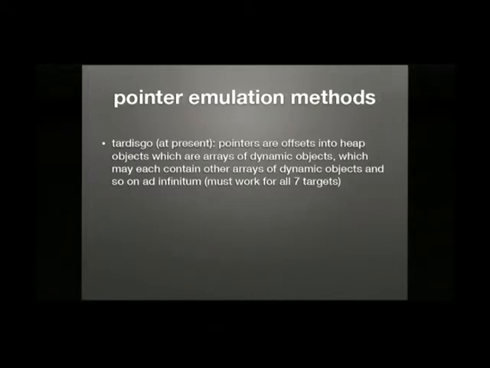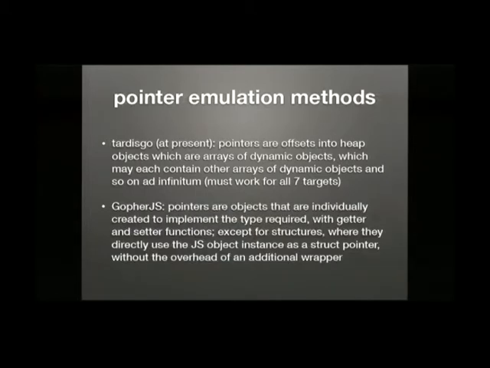It's arrays of dynamic objects all the way down. Each dynamic object can have other arrays of dynamic objects within it, and so on and so on. That's at the moment. I'm going to follow the example of my illustrious friend who's doing Go4JS and make it a bit more sophisticated than that.